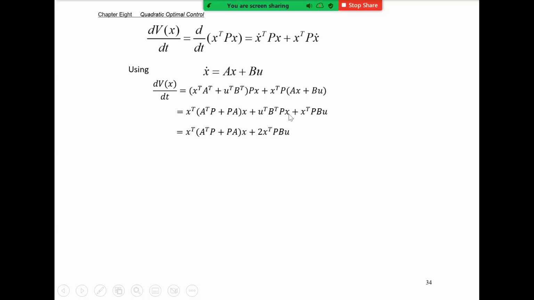A transpose of this term is exactly this term. You get x transpose times P transpose times B times u, but P transpose equals P. P is symmetric, positive definite. So that's why I just put those two together as 2 times x transpose P B u. Is that clear?